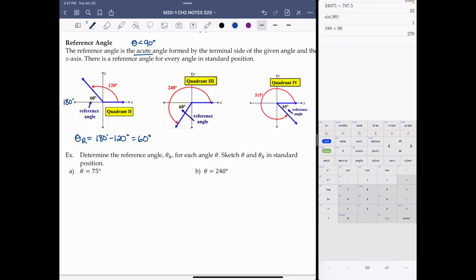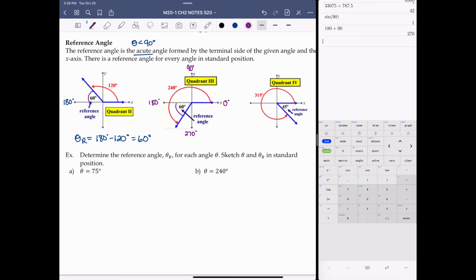Let's look at when we have an angle in standard position that has a terminal arm in quadrant 3. We can write the angle measures at each axis: 0 degrees, 90 degrees, 180 degrees, 270 degrees. For this one, our reference angle is part of our angle, whereas this one over here, our reference angle was after our angle. So we have to do the math a little bit differently.